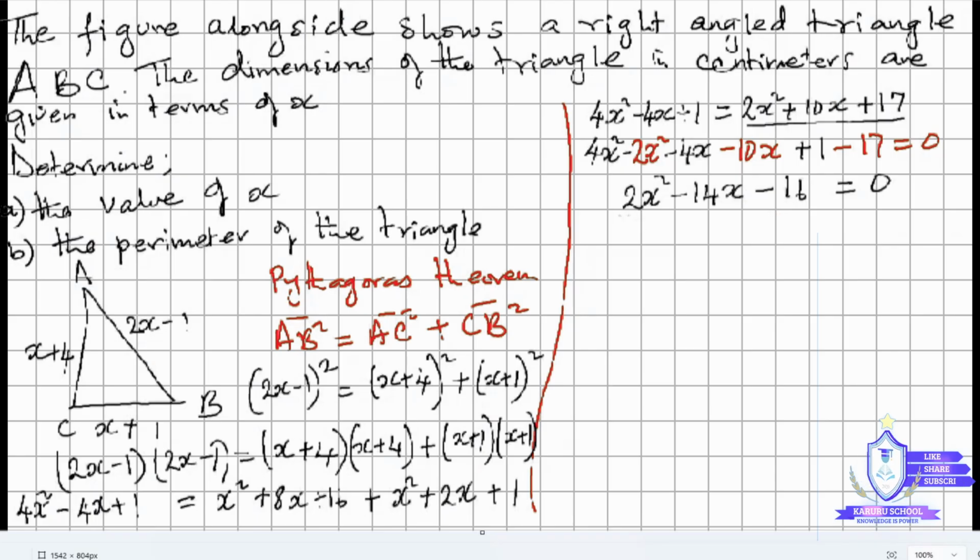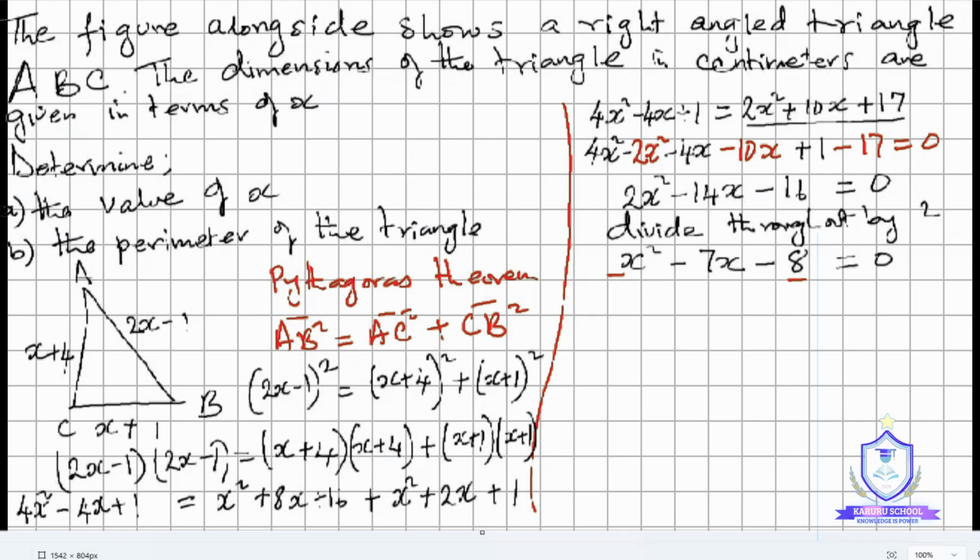So we can decide to divide throughout by 2, so that we get x squared minus 7x minus 8 equals 0.